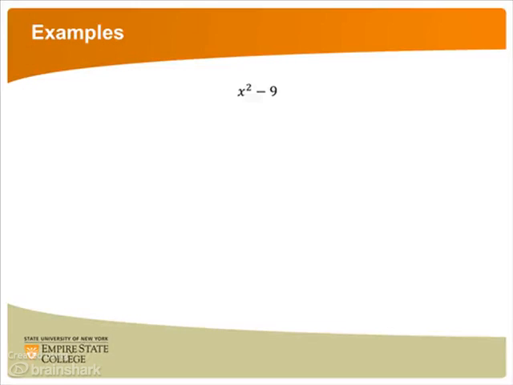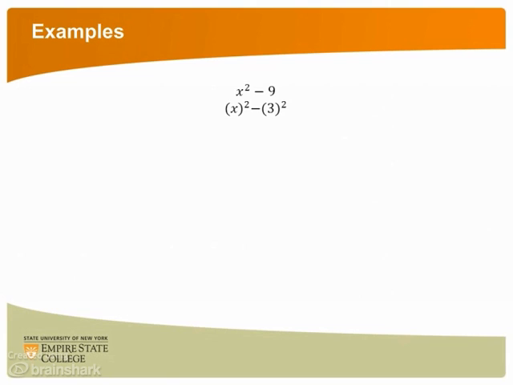Suppose you want to factor x squared minus 9. First, recognize that x squared is x squared, and that 9 is 3 squared. So x squared minus 9 is factored as x plus 3 times x minus 3.